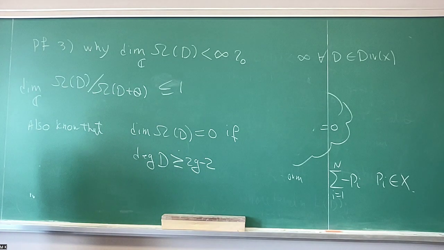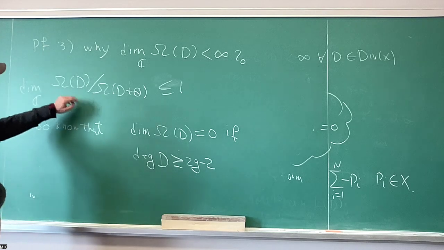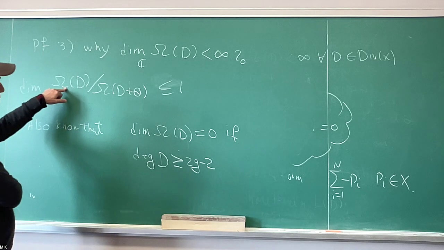Okay, so then in this case we have to go upward. What do we do in this case? The degree of D is bigger than or equal to 2g minus 2. I know this. I want to say that this is finite dimensional.